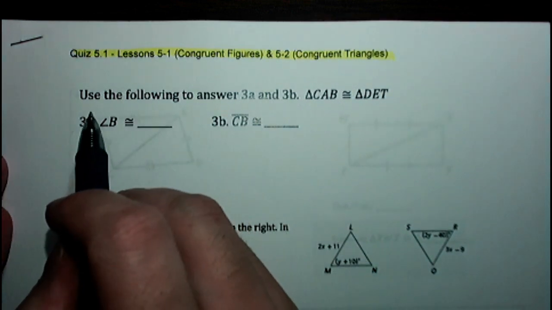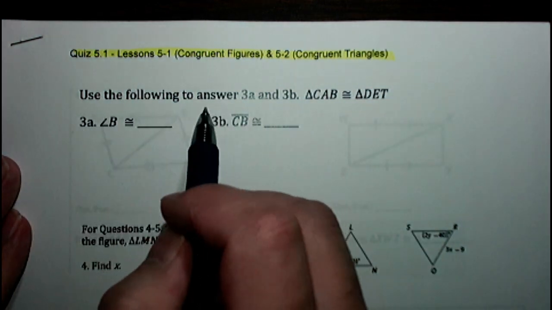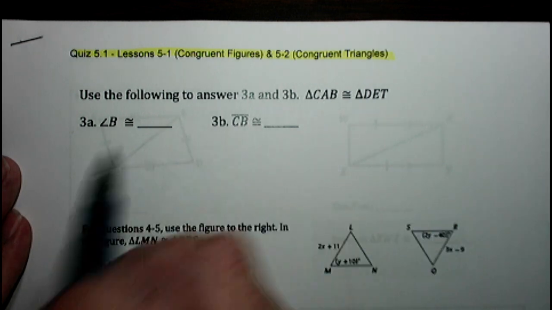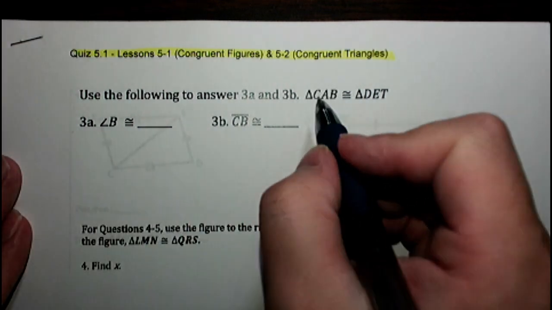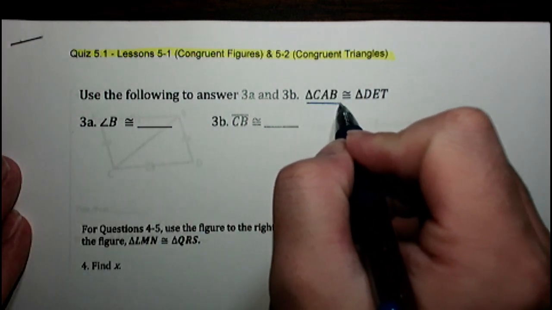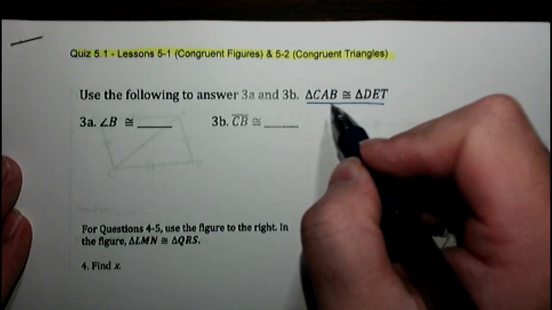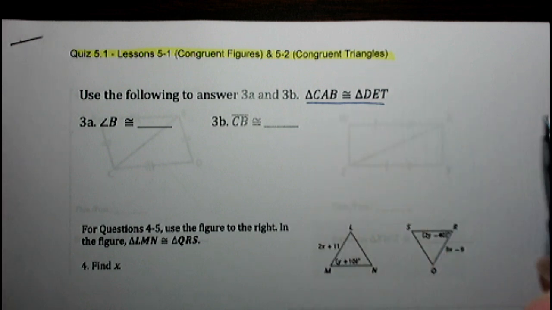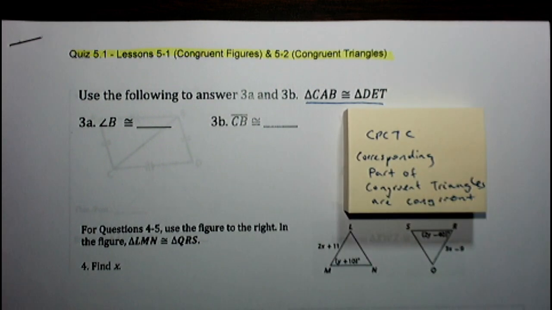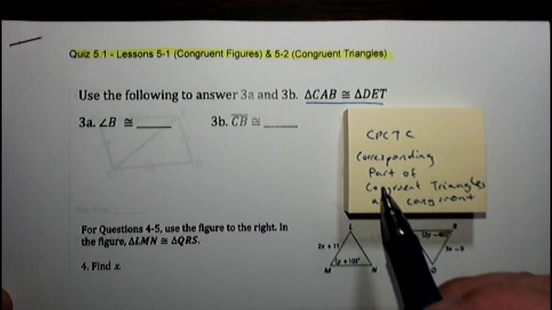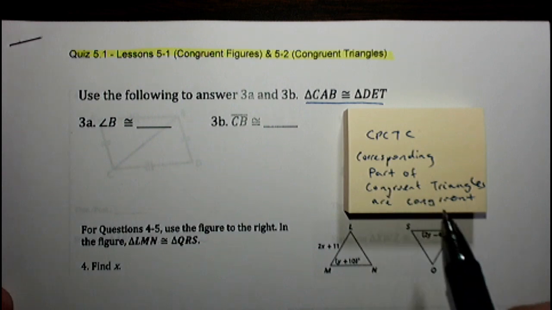I'm looking at this problem. It says use the following to answer these two questions here. We're going to use triangle CAB, which is congruent to triangle DET. Now, since this is given and these two triangles are congruent, we can apply something called CPCTC, which stands for corresponding parts of congruent triangles are congruent.